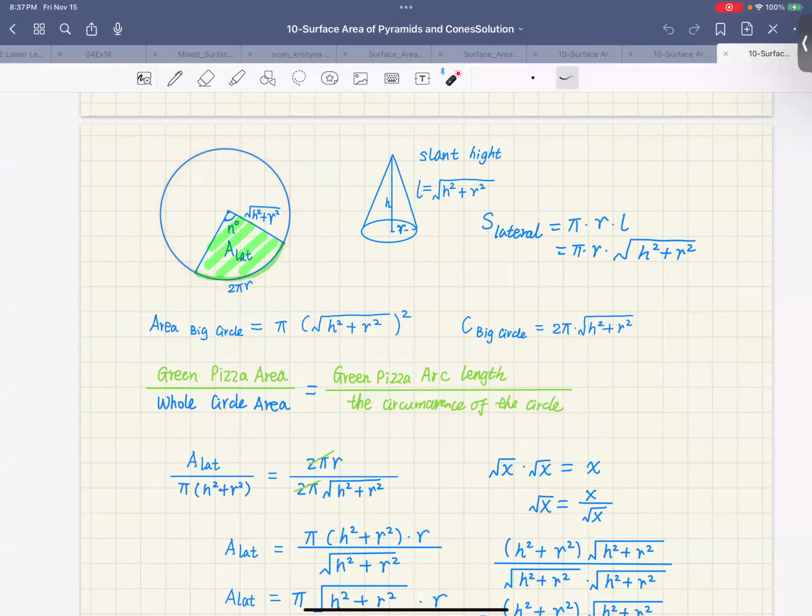Do you agree? Yes, it's proportional. This area over the whole circle area equals this length over the whole circle length. Okay? Make sense?